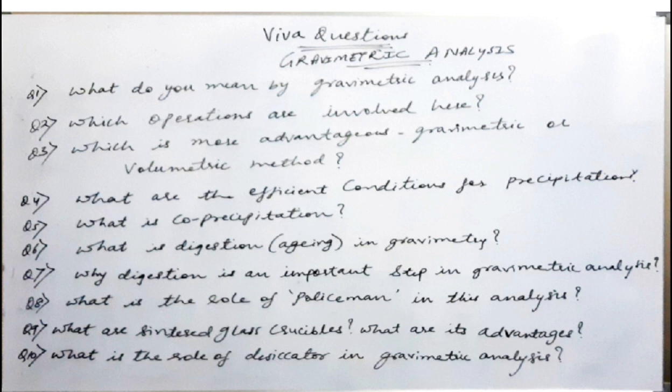Then the combining question here was, what are its advantages? Why should we use this crucible? There are various advantages. The first one is that this crucible is resistant to chemical reagents. However, there are certain exceptions like hydrofluoric acid and hot concentrated alkalis. Except for them, it is resistant to almost all chemical reagents.